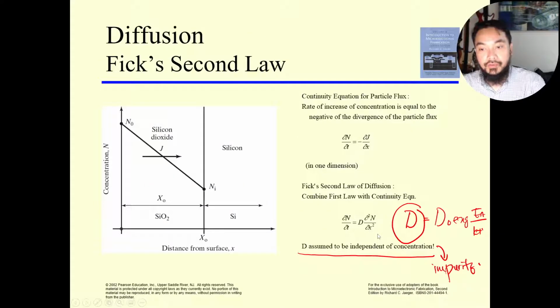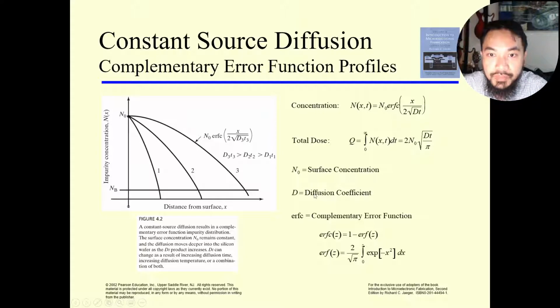All right. When we have Fick's second law of diffusion, diffusion can happen in two ways, or two models. The first model is called constant source diffusion. We get this model based on how we solve the partial differential equation 4.3.